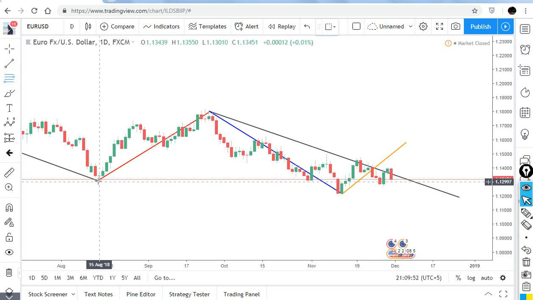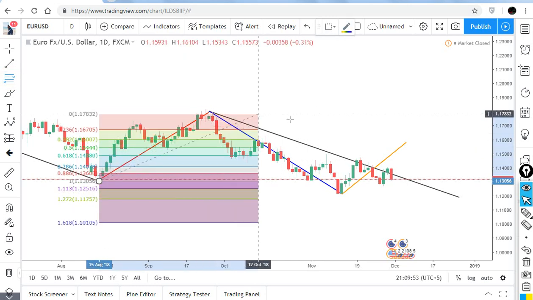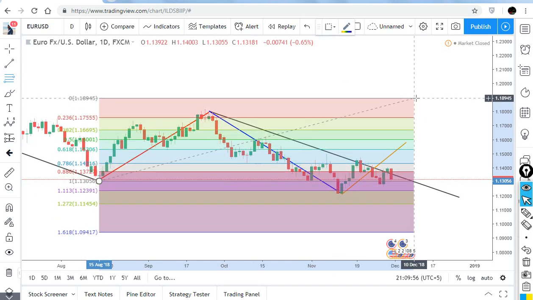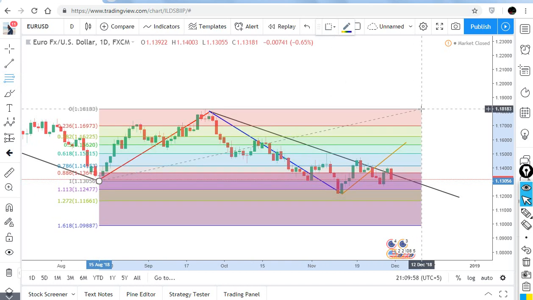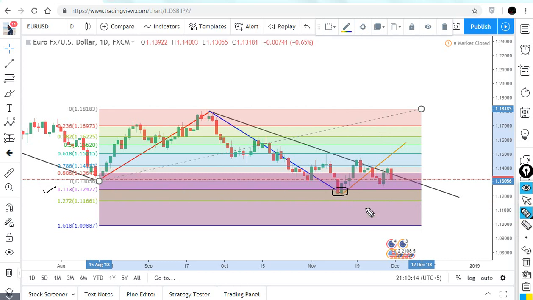When I see Fibonacci from here to here, what area have we covered so far? Simple. We only cover the extension of 1.113. See this. And this candle you will say whatever, but it's a turning point. Number one.